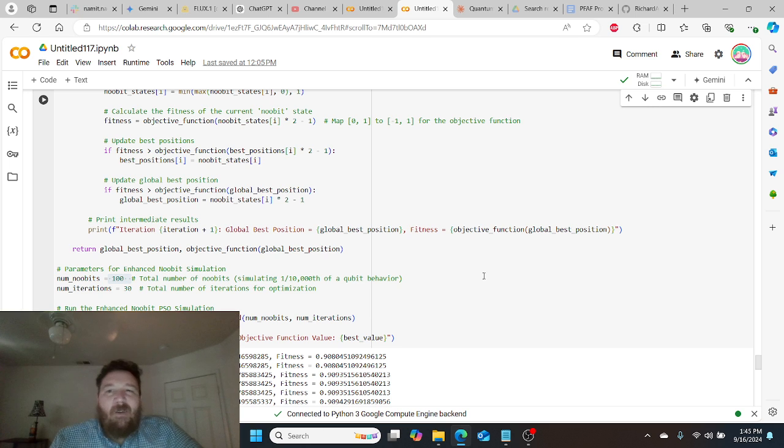So with the Nubit, what we're doing is simulating, as best as I can with very limited hardware, a qubit, but 1/1,000,000th of a qubit, essentially the least powerful version of a qubit that I could possibly think of.